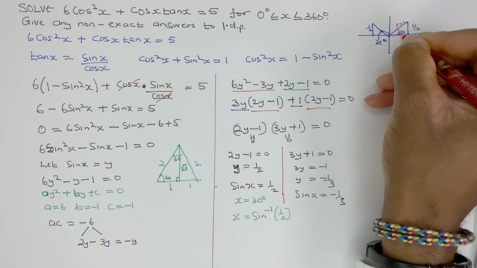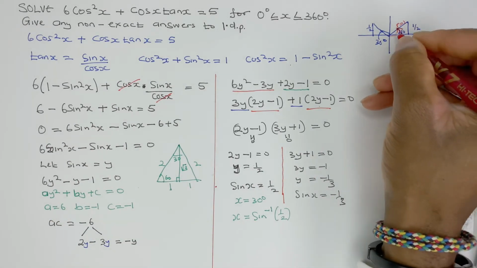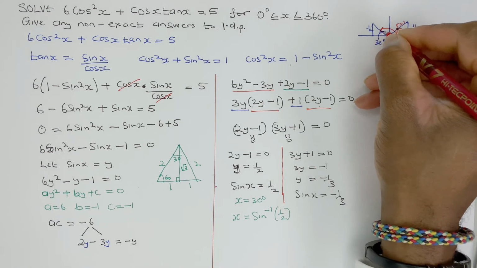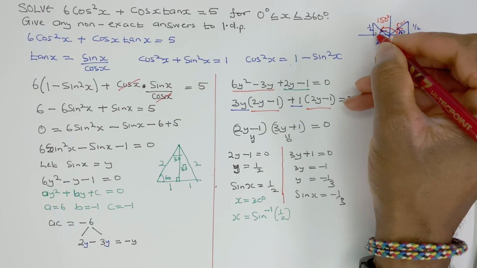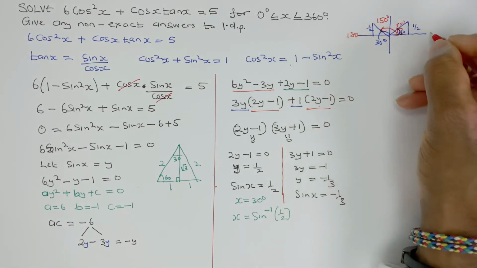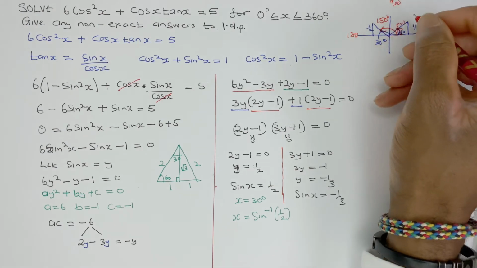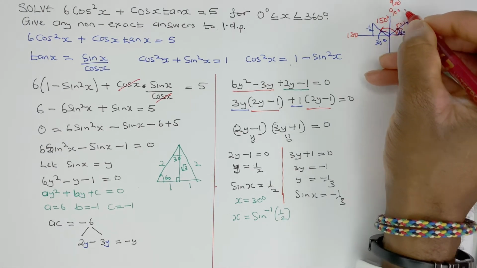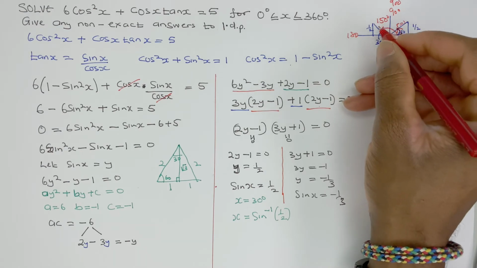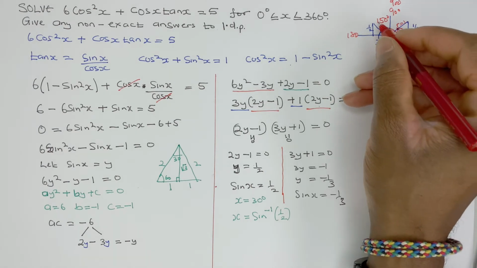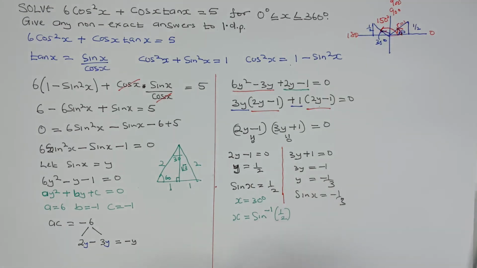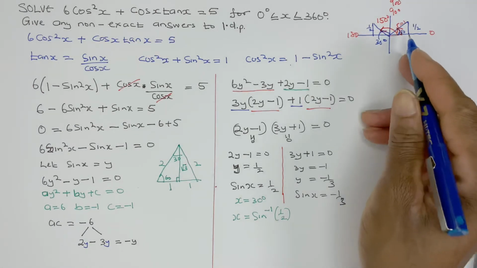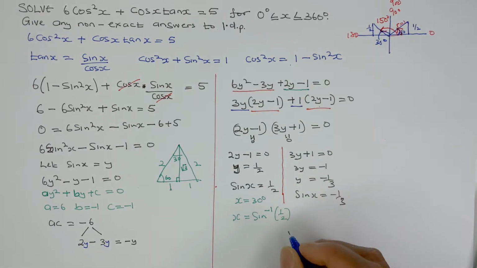So the angle from there to there is 30 degrees, and I need to go from there to there, and that's 150 degrees, because 180 minus 30 is 150. So those are the two angles I'm looking for.